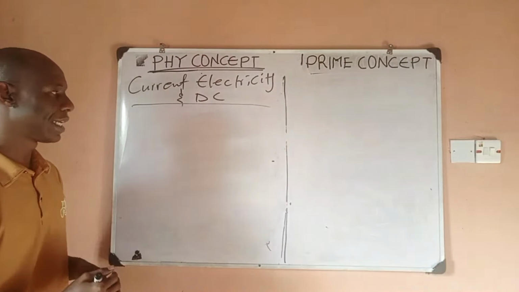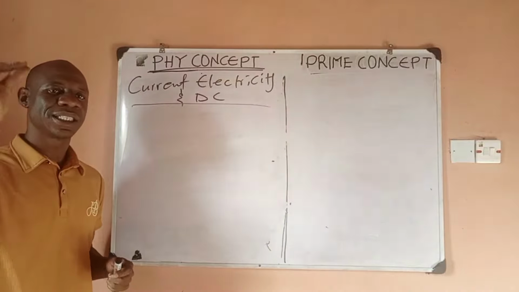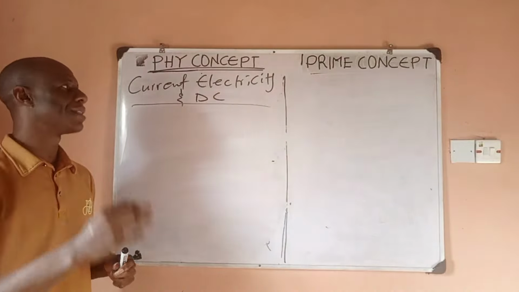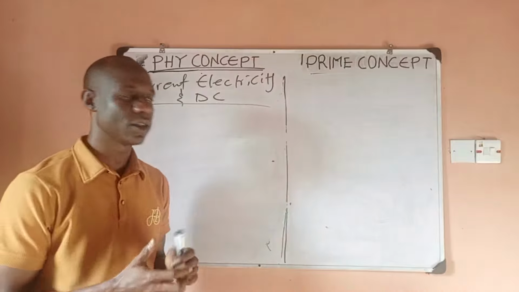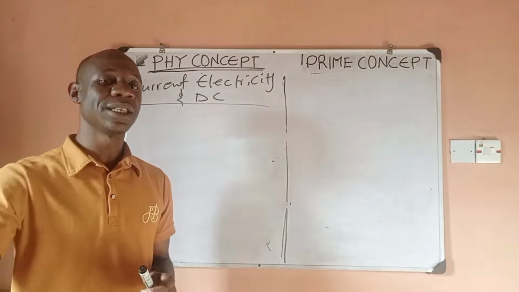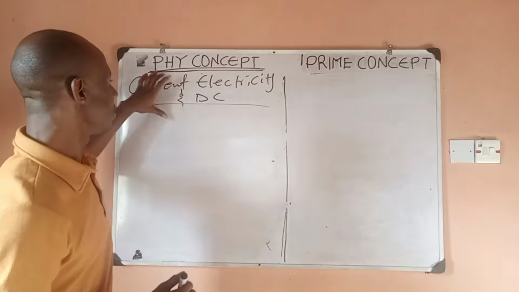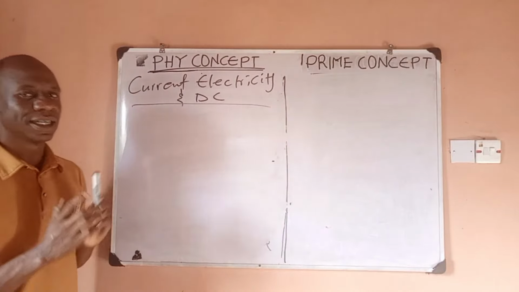That is current electricity. Then direct current is a current that flows in only one direction. Remember, we have two types of current based on direction of flow: direct current, DC, and alternating current, AC. But we want to consider the direct current, but still on current electricity.